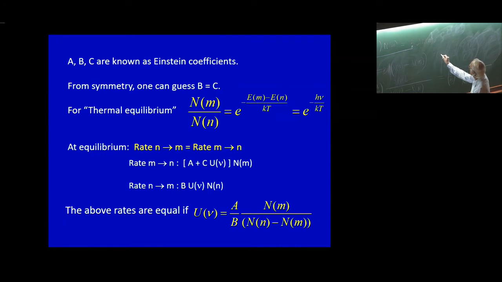That, permit me to write here, is A over B into 1 divided by e to the power (Em minus En) divided by kT minus 1.